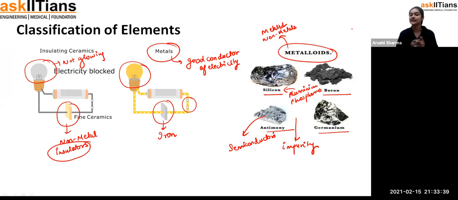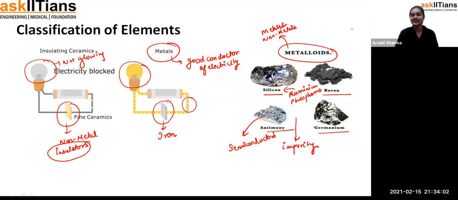That's why we call them insulators. Metalloids have the properties of both metals and non-metals. That is why when you add some impurities in them, they convert into semiconductors and allow the passage of current through them. But compared to metals, they do not show that much conductivity. Fine.